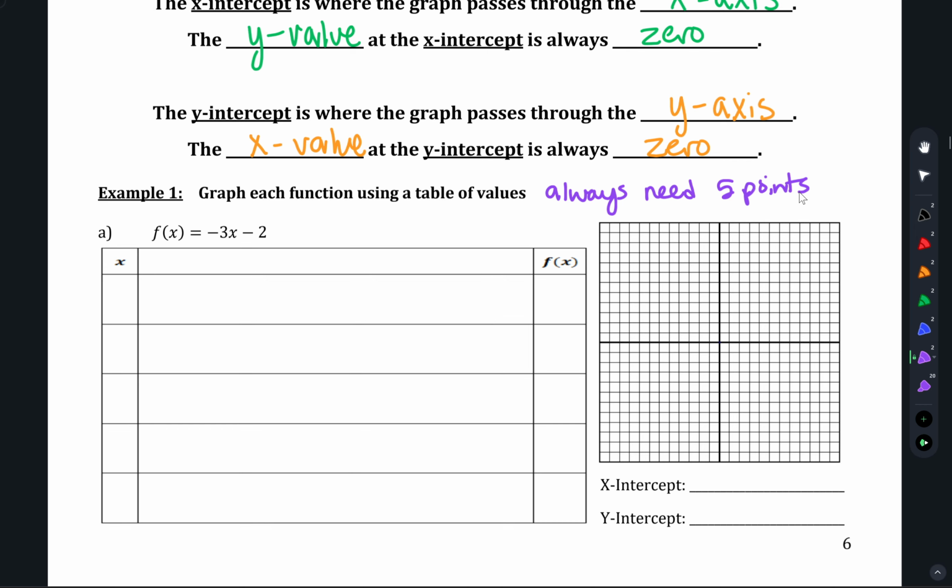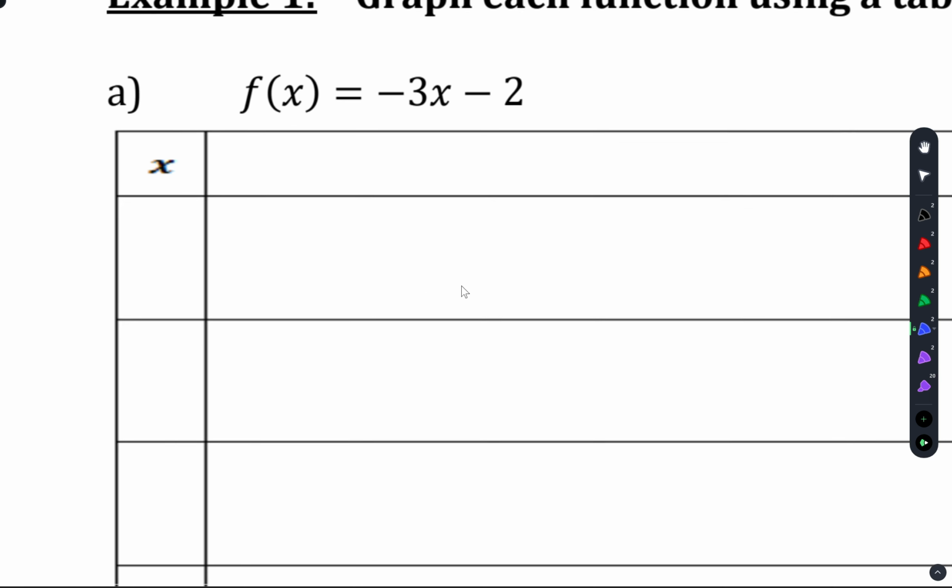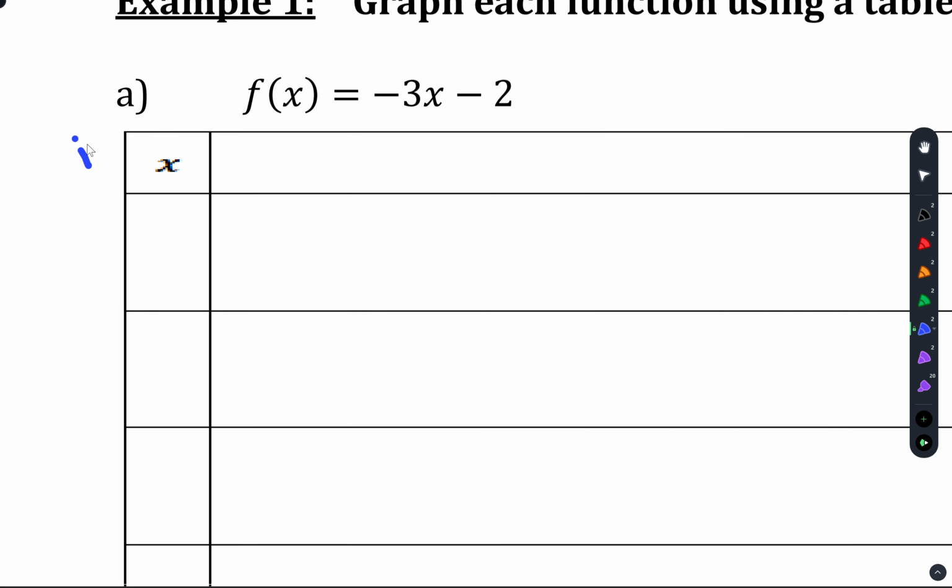You will most likely have a table like this already drawn for you, which is nice. You don't have to draw it, but it has 5 rows for 5 points. What we have here is literally a table of x and y values, or a table of inputs and outputs. Remember, the x values represent our inputs. That's like our domain.